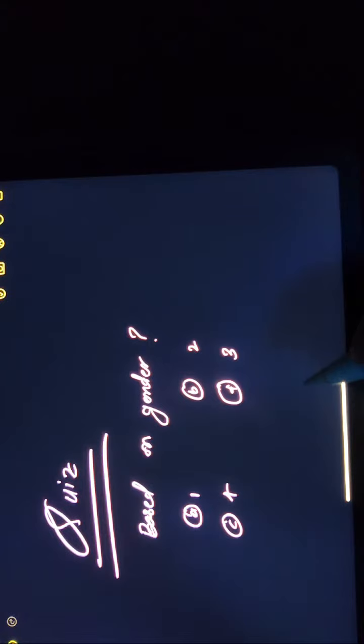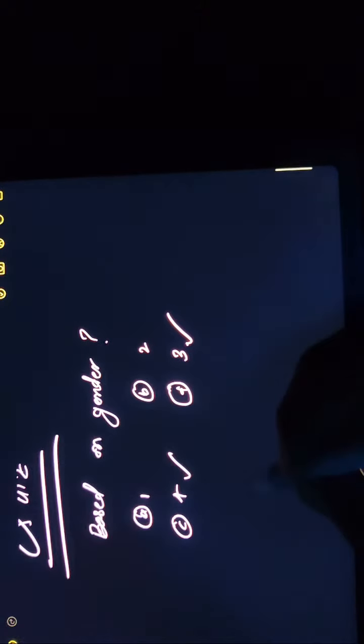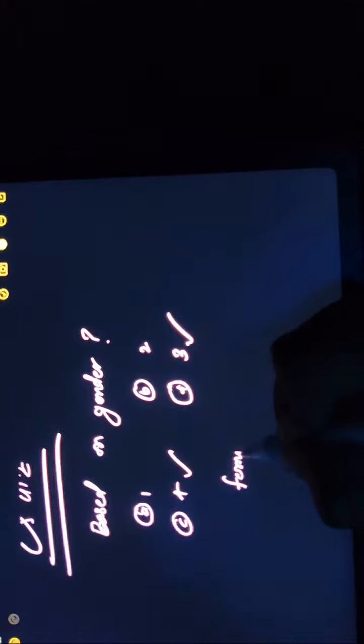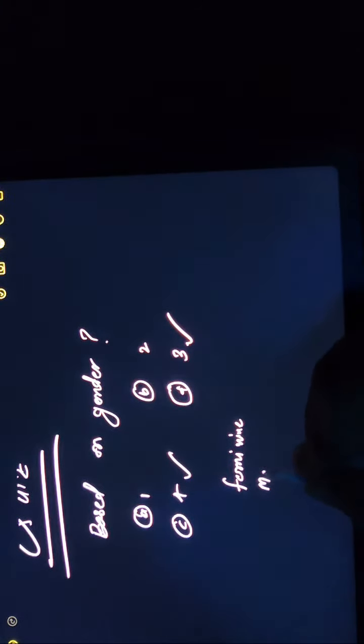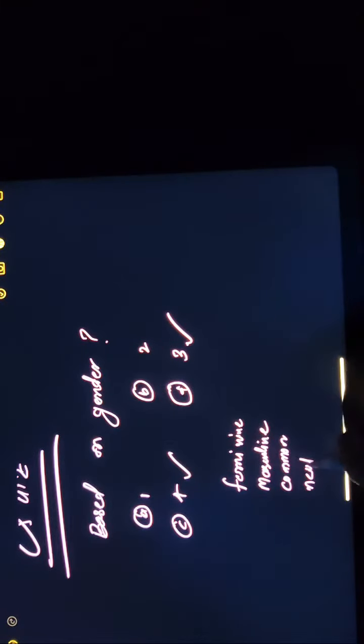Let's see. 2, 3, 4, 3, I guess. Okay, 3. You guys are saying 3. Both are acceptable, 3 and 4. All right. So the first one is feminine, masculine, common, and neuter gender.